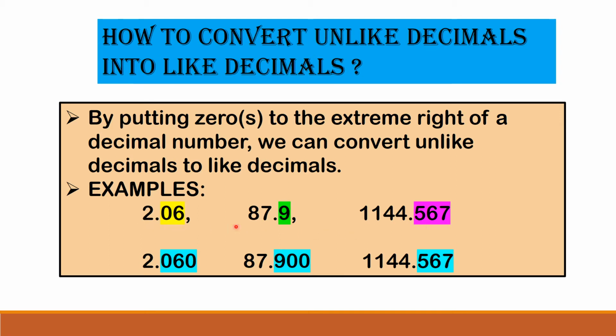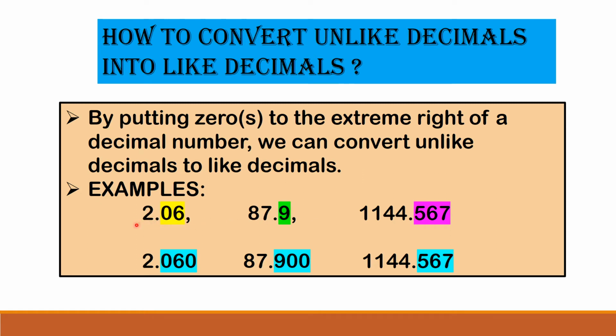To convert into like decimals, first of all, you have to see which number has the maximum decimal places. Here you can see this number has the maximum decimal places. And what is the maximum number of decimal places? 3 decimal places. So you have to make these two also into 3 decimal places.